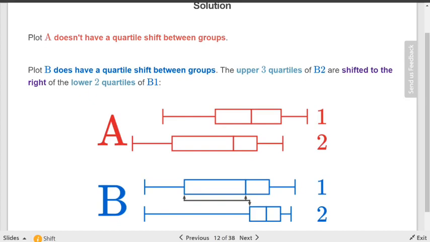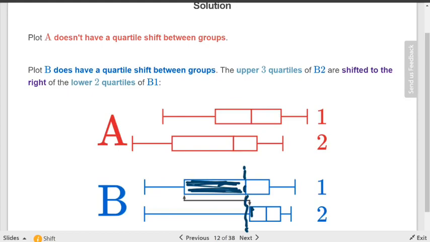But B, if you look at this whole quartile here, let me try that again, this whole quartile here happens before you get to the lower quartile there. So that indicates a quartile shift, as long as that one whole quartile happens before.